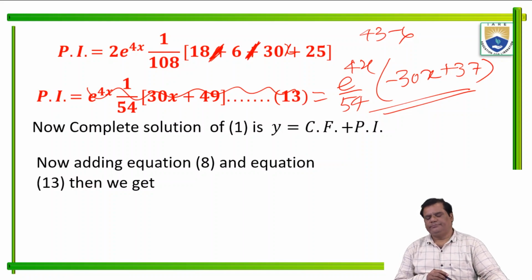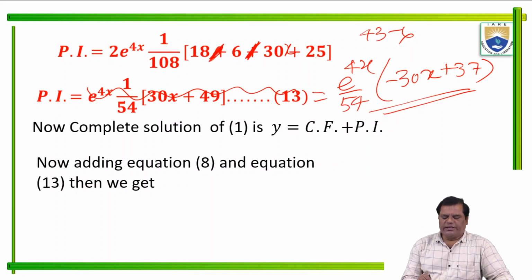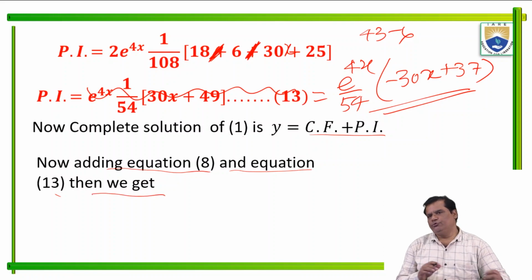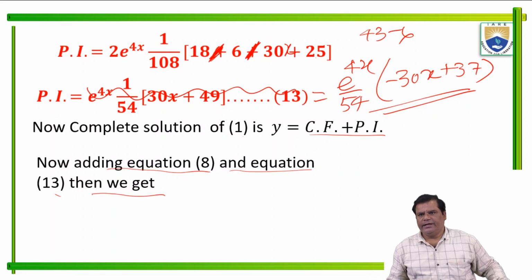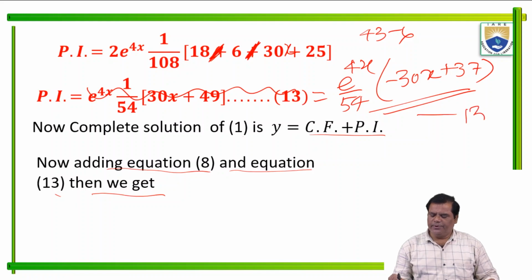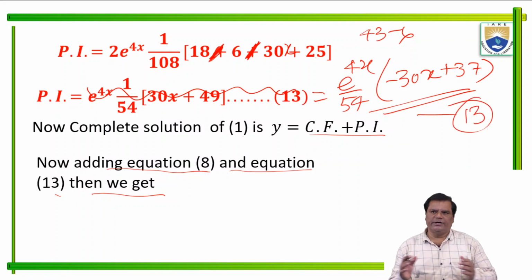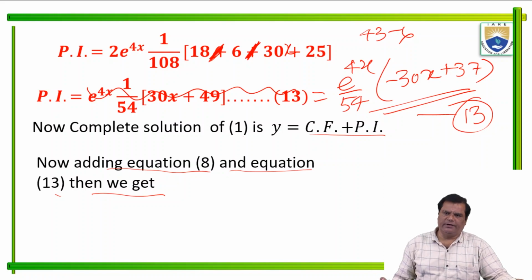Okay. Now the complete solution of question 1 is y equals CF plus PI. Adding equation 8 and equation 13, where equation 8 is the complete CF and equation 13 is the complete PI, we get the complete solution of question 1.